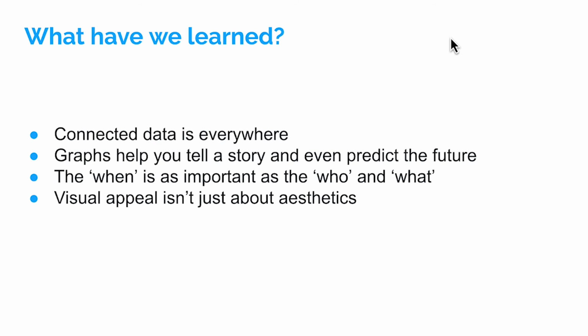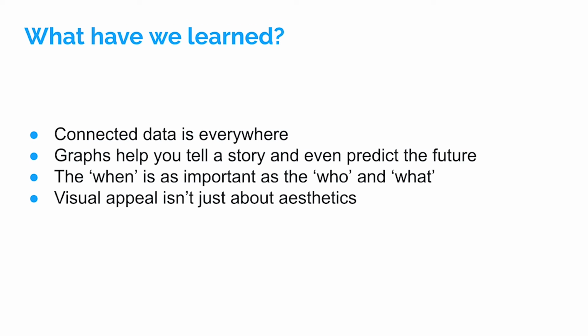So let's recap what we've learned today. The first is that connected data is everywhere. You probably have some sort of graph component to your data, and it's really important to model it in a way that provides you with interesting insights when you visualize it. The graphs help you tell a story because you can create a narrative around the data that you're showing, and you can allow your users to perhaps even predict the future by looking at patterns in the past.